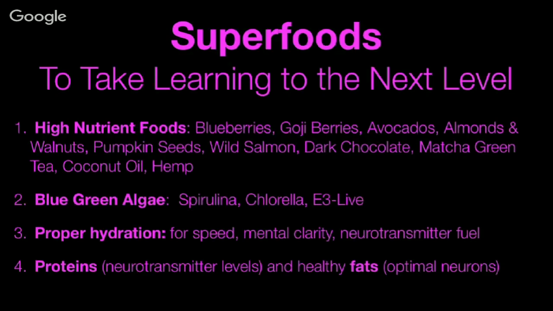You want to get sufficient saturated fats like coconut oil and eggs and grass-fed organic butter, and you can also get them from beef and certain meats. But if you're vegetarian, then you can just stick to coconut oils and eggs.